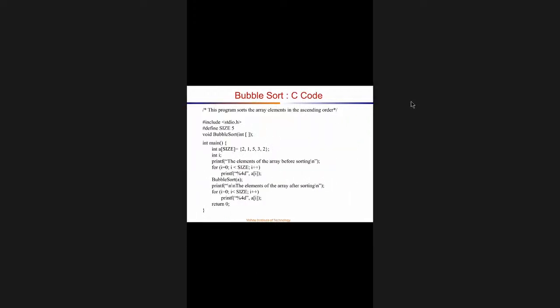Then you can check the logic. So how do we implement the bubble sort concept? Initially I take an array, and in the array I put some set of elements.